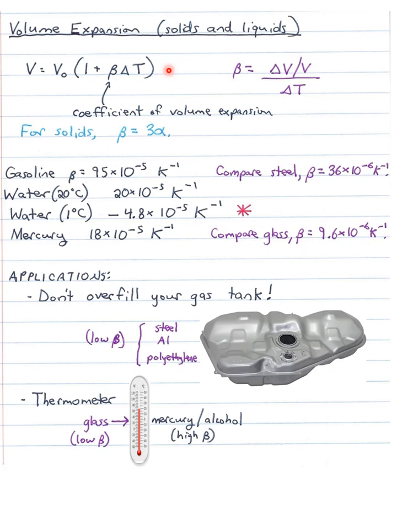Because of the molecular structure of water and ice, this is how it operates. Mercury, as we use in mercury thermometers, 18 times 10 to the negative 5. Compare that with glass, typically 9.6 times 10 to the negative 6. And you can see that mercury has a higher coefficient of expansion.